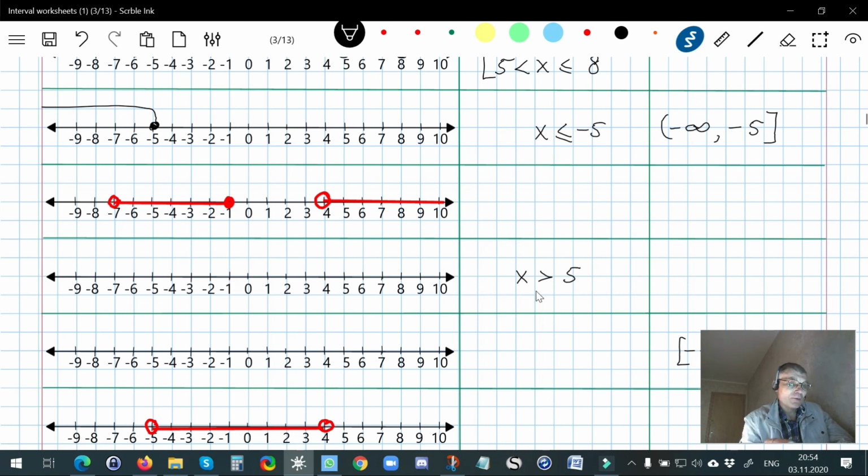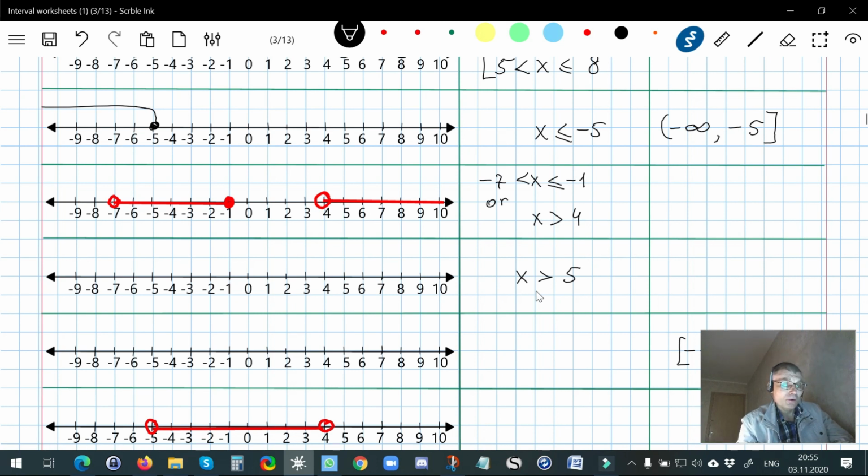Let me start with set builder notation. -7 is not included, so x is just greater than -7. X is less than or equal to -1, or x is greater than 4, and that's it. It stretches up to infinity.